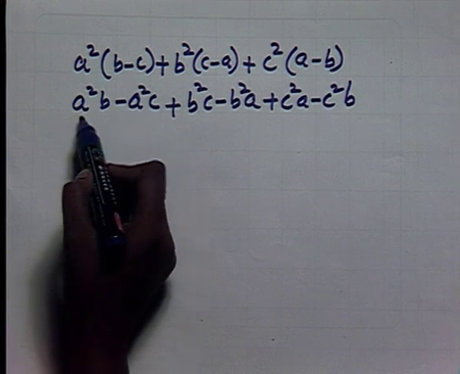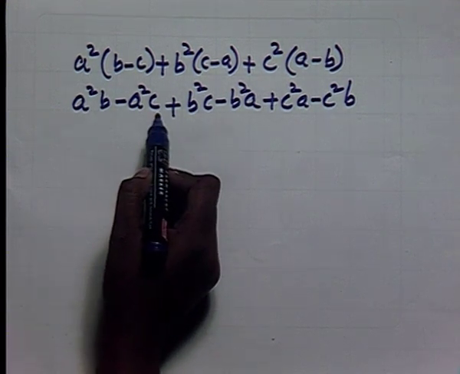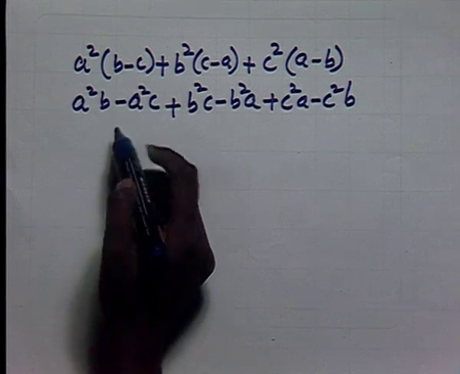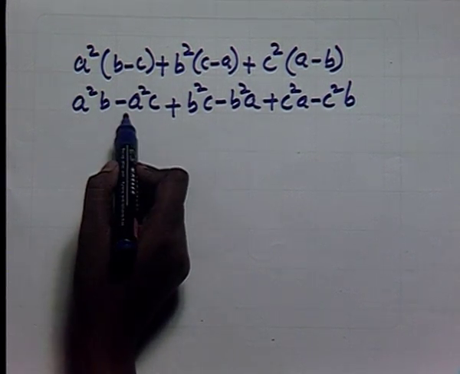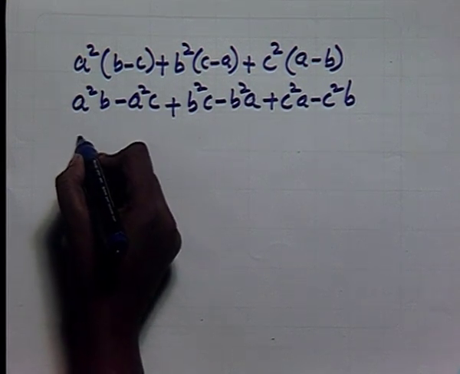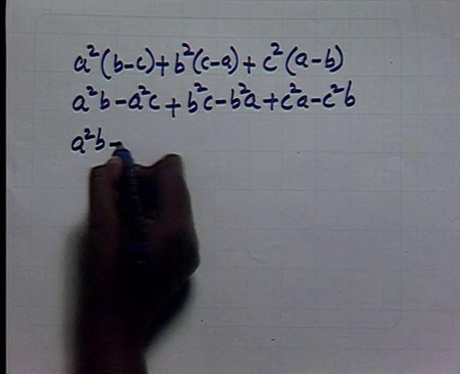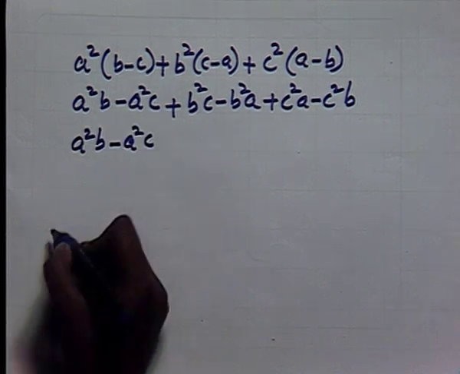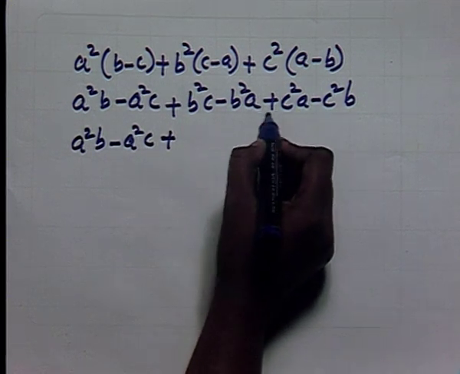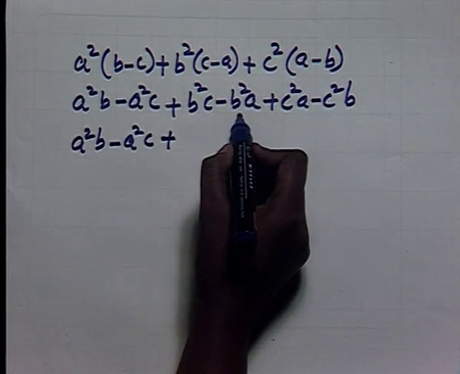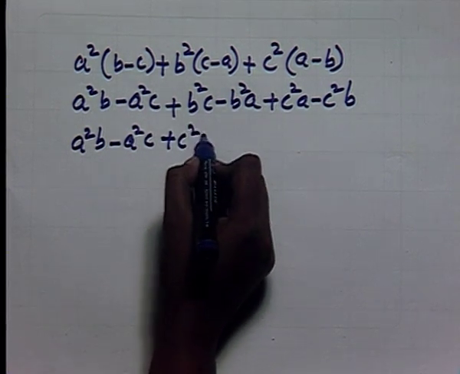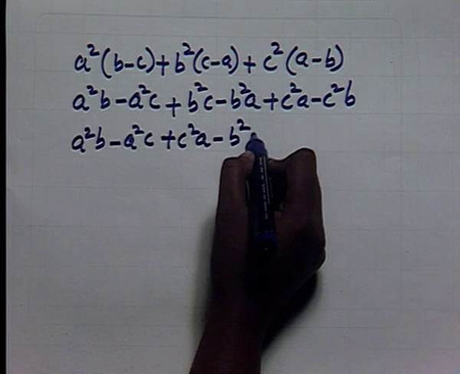Let us say we will arrange the terms in the descending order of the powers of the letter A. So, first of all we will write down those terms having the highest power of A. Here it will be A square B minus A square C. Then next terms having A. So, this is minus, or I can say plus C square A minus B square A.